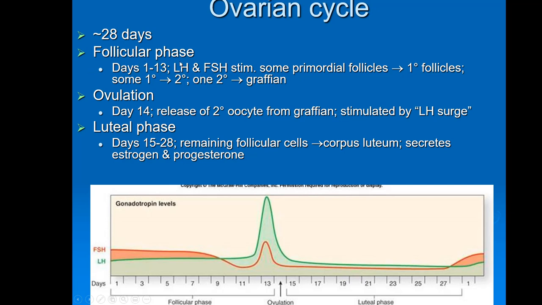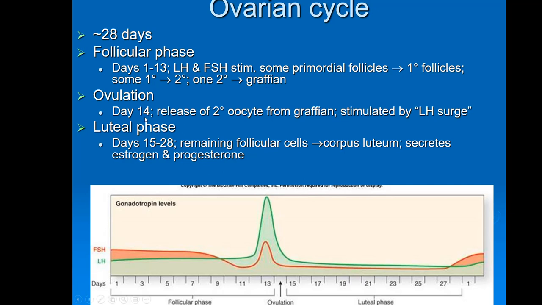In the follicular phase, as you can imagine, the follicles are developing. Luteinizing hormone and follicle stimulating hormone, namely follicle stimulating hormone, stimulate the primordial follicles to become primary, some primary to become secondary, and ideally one secondary becomes a mature Graafian follicle.